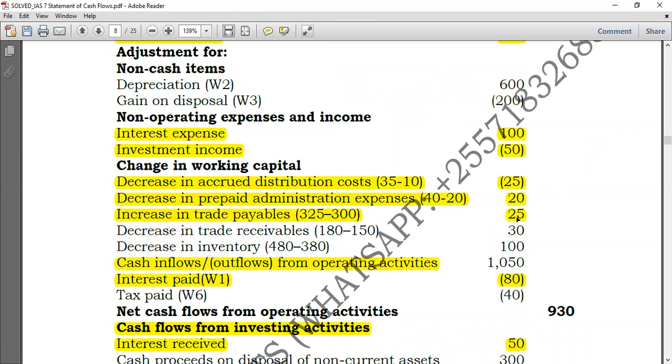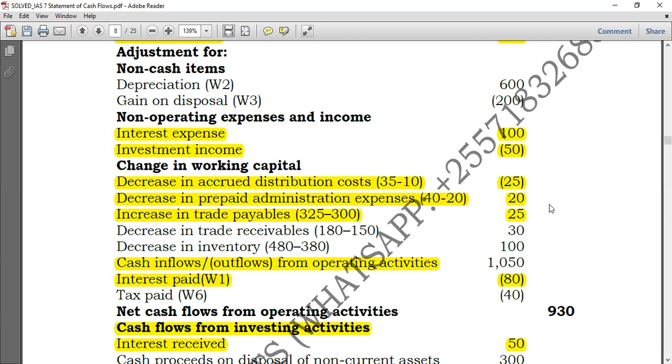If there is no other reason other than cash, to know whether there is a reason or not, we usually have a control account, but here we said no need. So if a liability has increased, it means that I have received more. And the reason is cash, I've received cash, but actually I haven't done anything, right? So I have just increased cash by 25, so I'll put it as positive.